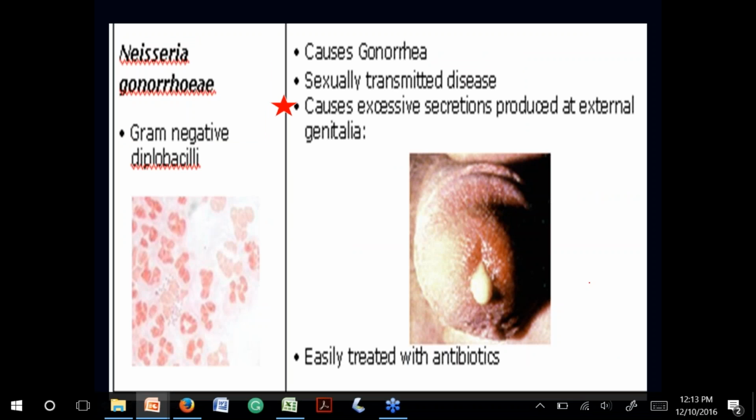So we have gonorrhea. Gonorrhea causes excessive secretions. So this is a lot of pus. What is pus, by the way?